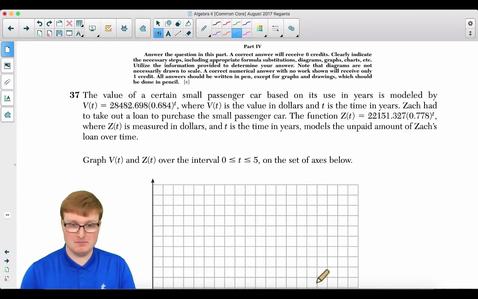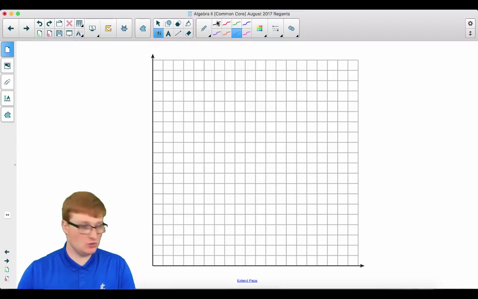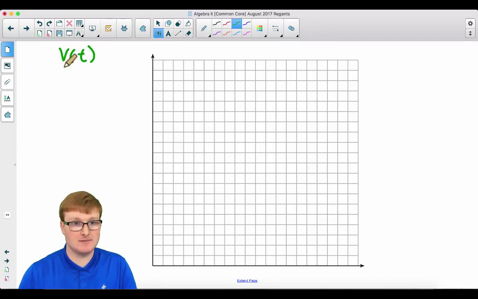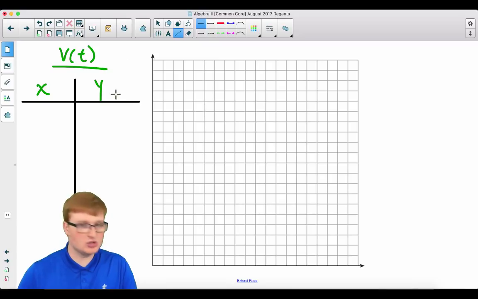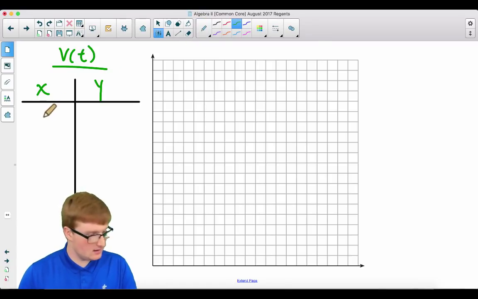What you want to do yourself is to basically label on the side here. So I'll label it for you as well. You need to create a table of values. So this is for v of t. I always forget how much of a pain in the neck these questions are because they're so long that I just don't like to do them sometimes.